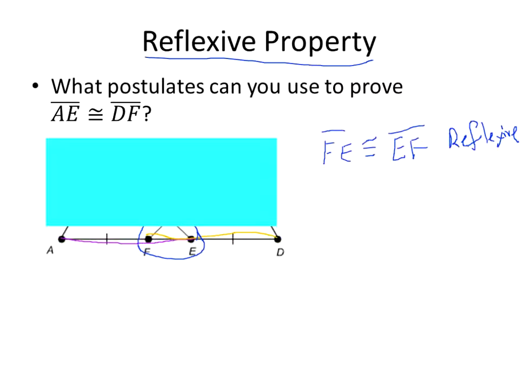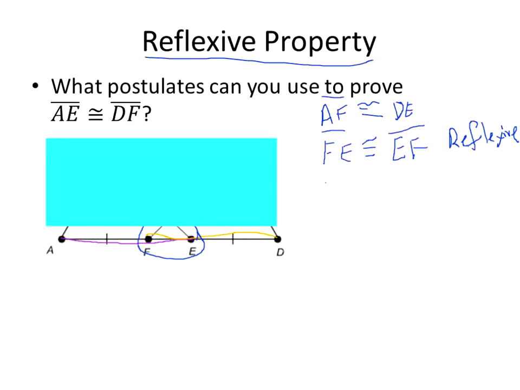Then I also know that AF, that line segment, is congruent to DE, because that was actually given to us in the picture.